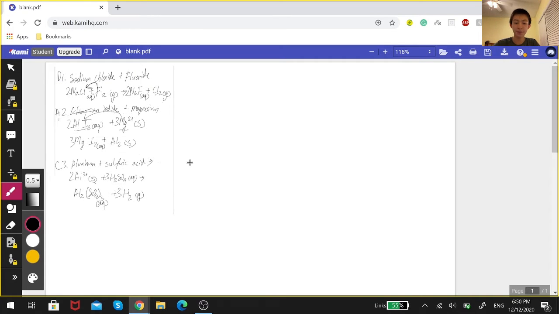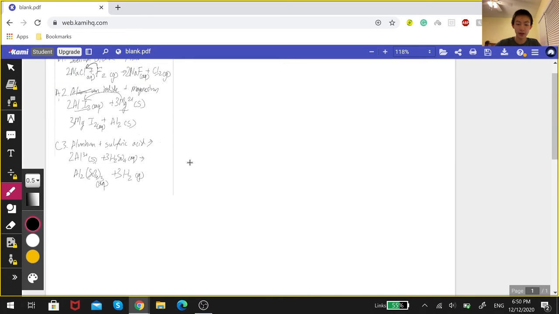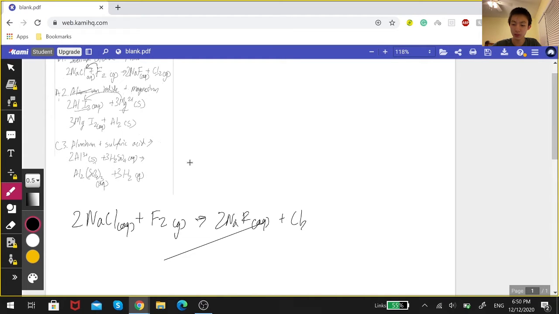So first we have all of our equations from the previous example. We have 2NaCl aqueous plus F2 gas makes 2NaF aqueous plus Cl2 gas.